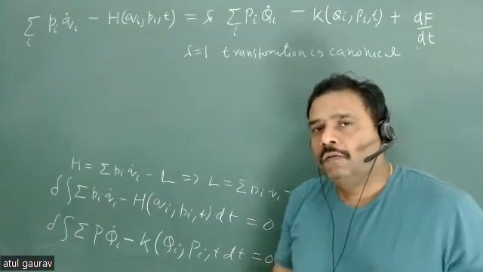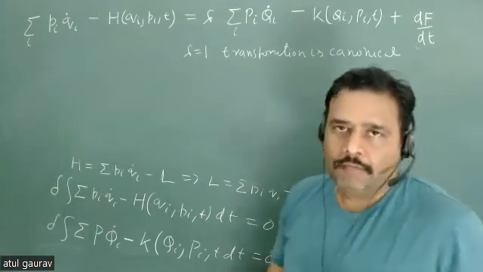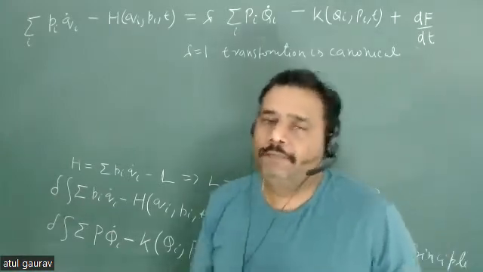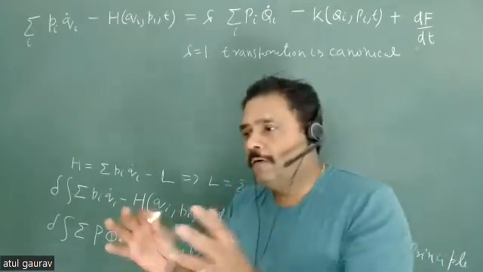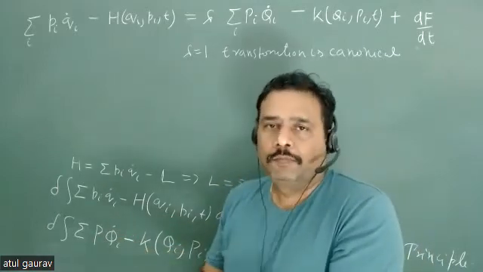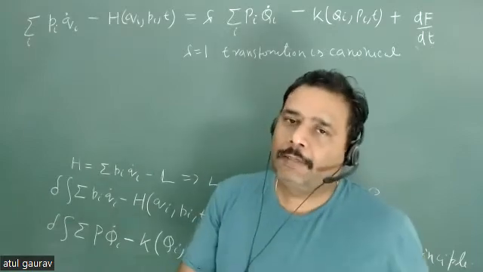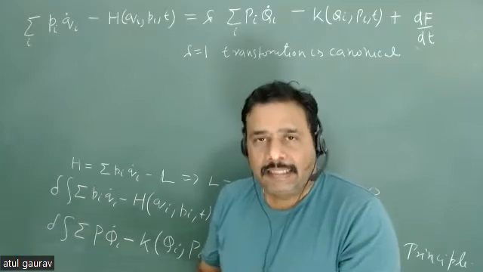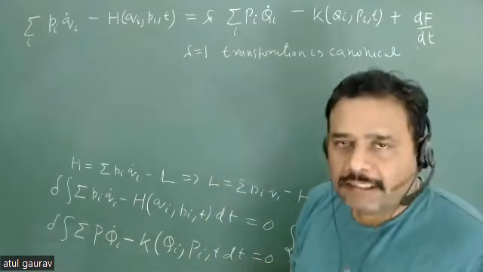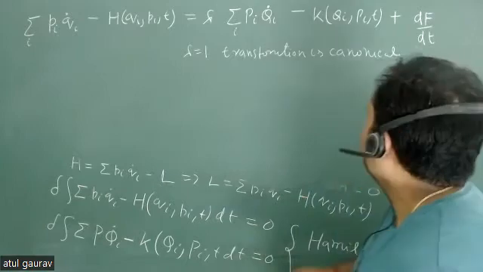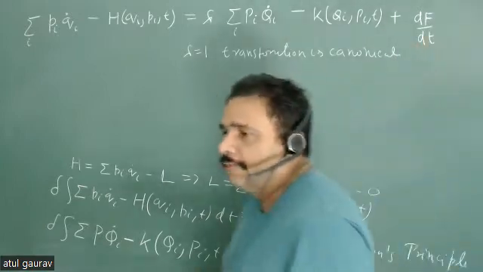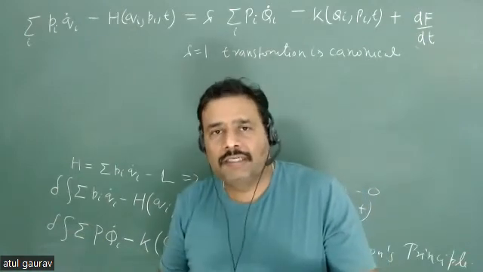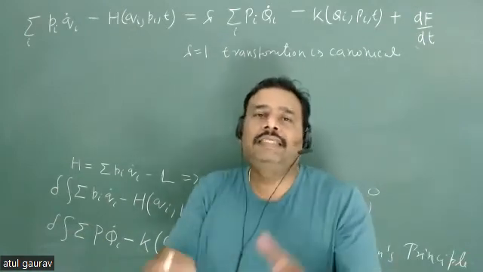And now, what is my aim? My aim is to establish the relationship between capital Q as a function of small q and small p, and capital P as a function of small q and small p. Then what should be the nature of all these generating functions? The nature of all four generating functions must be a combination of old coordinates as well as new coordinates.